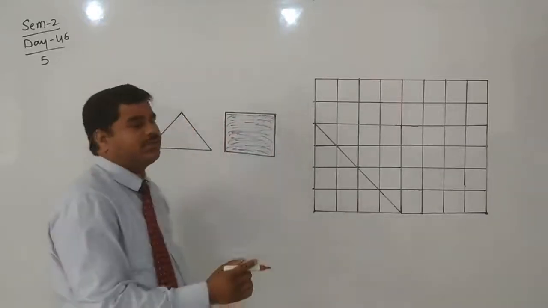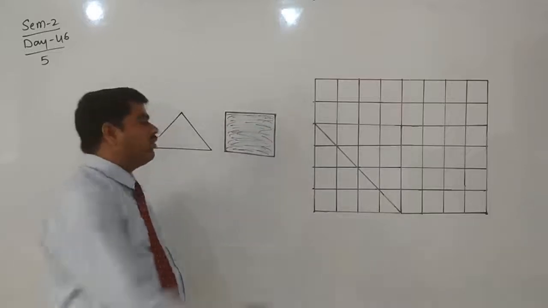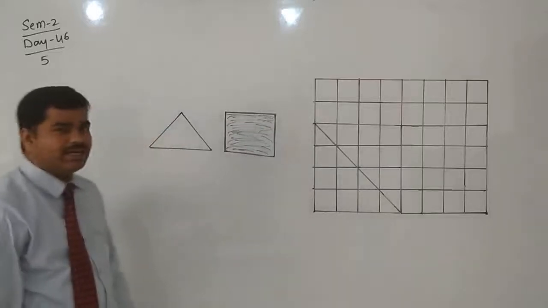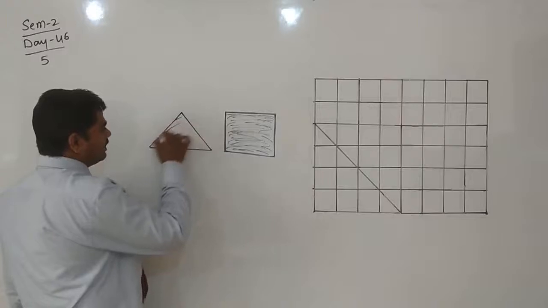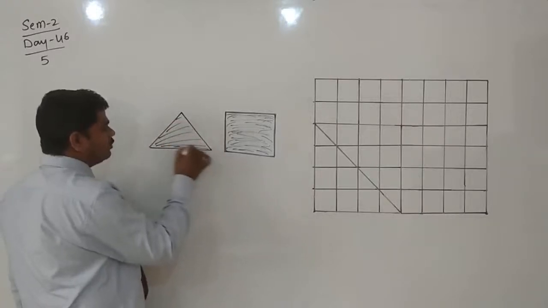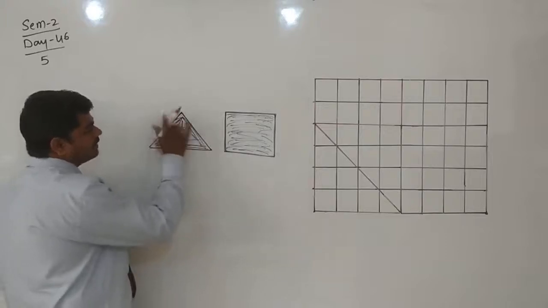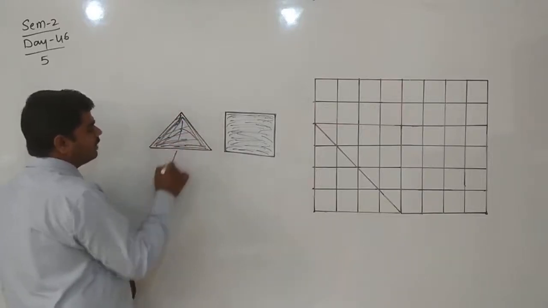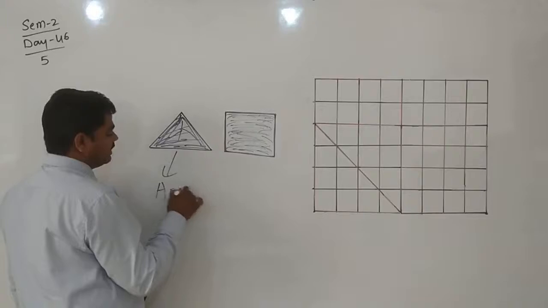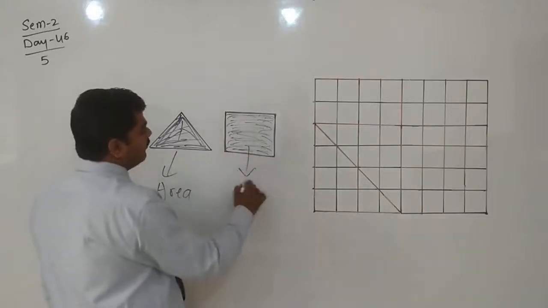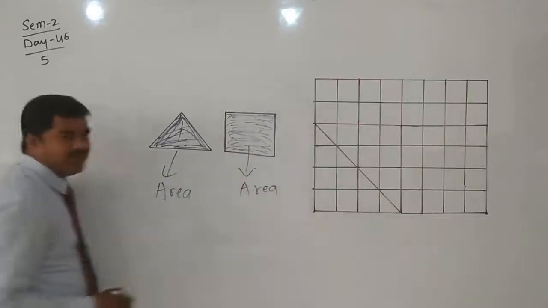Inside that, it is a closed figure. We can call it a simple closed figure. This enclosed surface we can call the area of this figure. This is the area of the square.